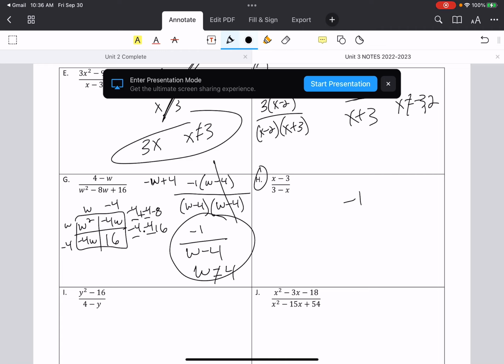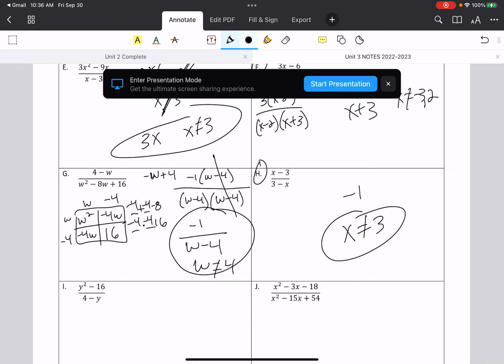I'm doing a better job today of making sure more people are participating because you're all capable. What about H? Any excluded values on H? 3 and 0. Not 0, only 3.